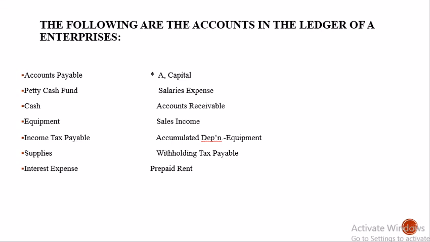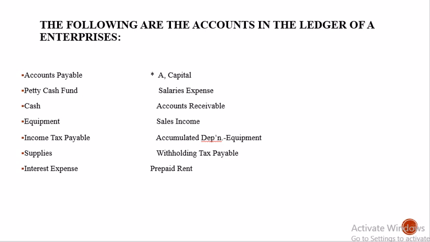So, how about petty cash fund? Petty cash, yung mahuhugot natin kung kailan natin kinakailangan yung cash. So, that is assets. Cash is assets. Equipment is assets. How about income tax payable? Nasa word na payable, yan ay utang natin na dapat nating bayaran sa gobyerno.